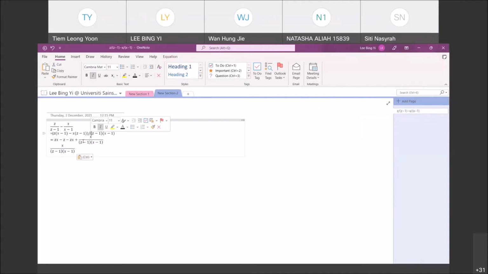This one is no problem already, I just ignore this. So you get minus z plus x. And then you divide the whole thing by z minus 1, so you get negative, because this up here is actually just z minus x.